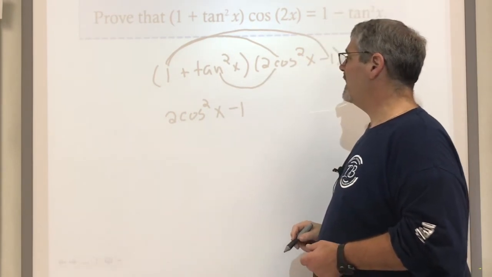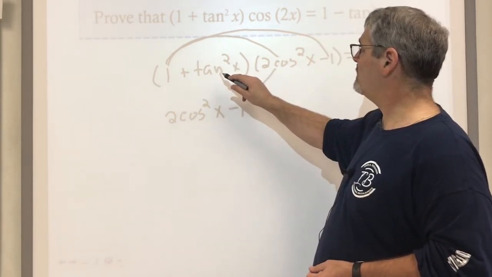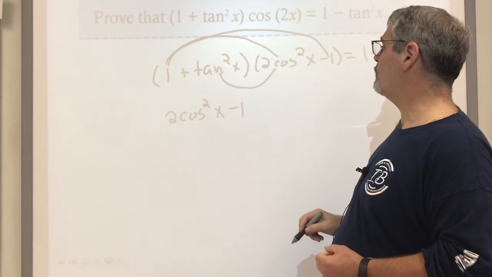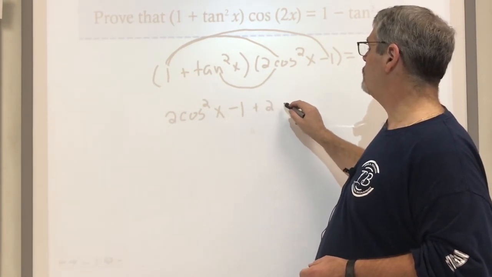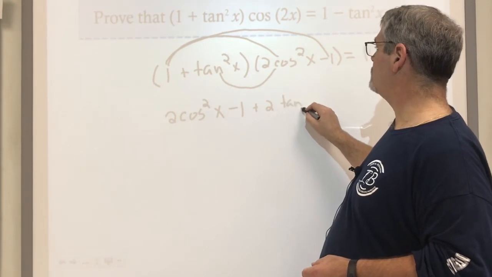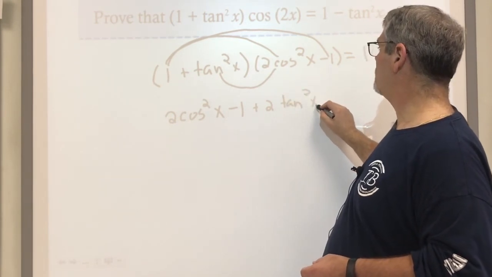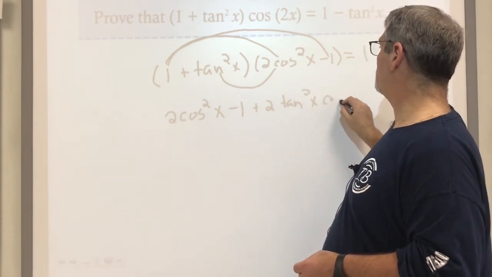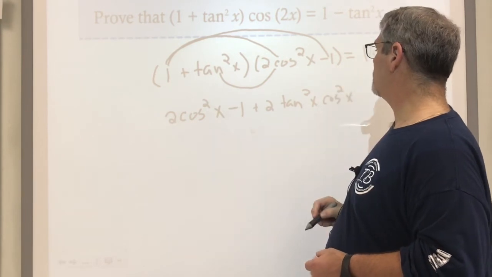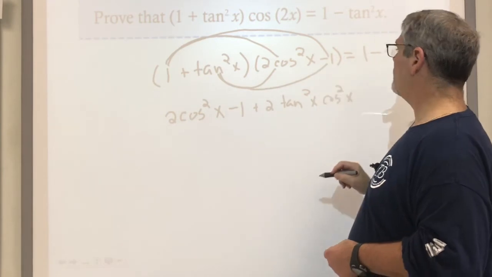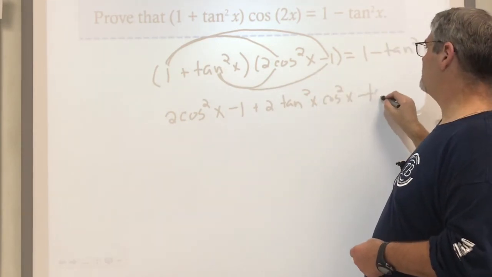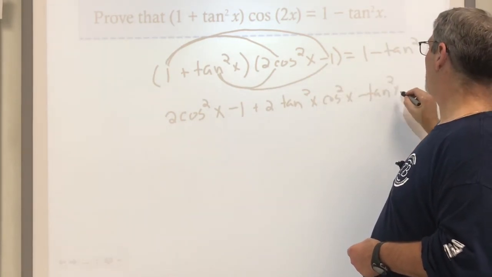Multiply here, and I get tangent squared x times 2 cosine squared x. I'm going to get plus 2 tangent squared x cosine squared x. And if I multiply this times here, I get the minus tangent squared x.